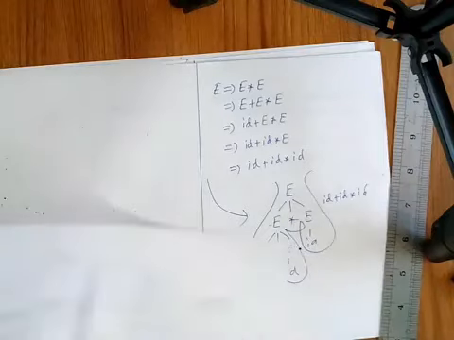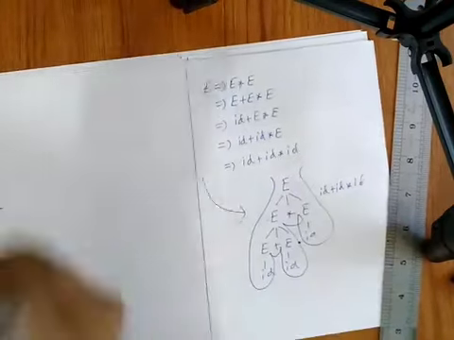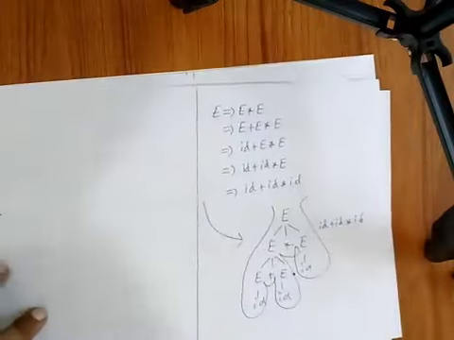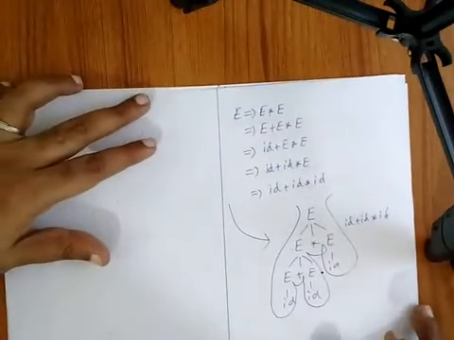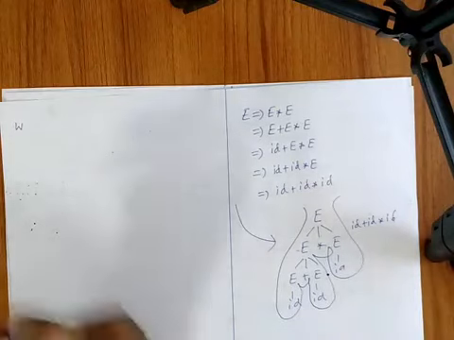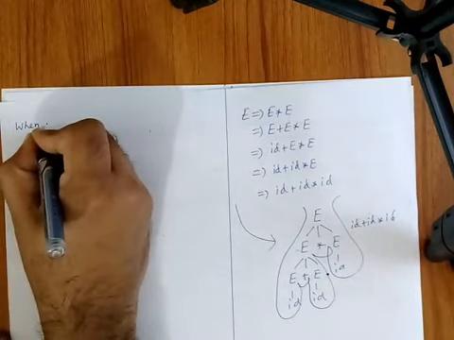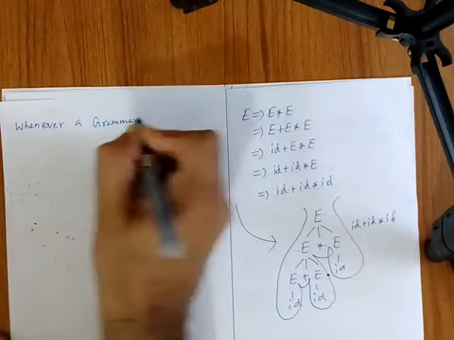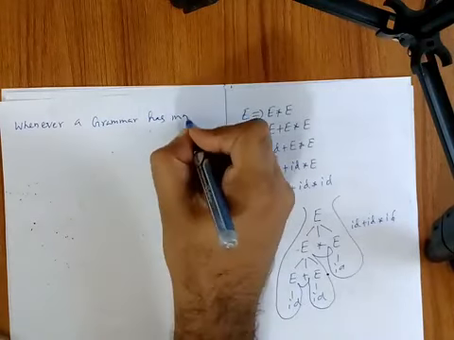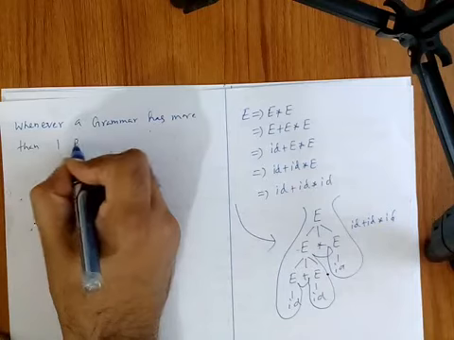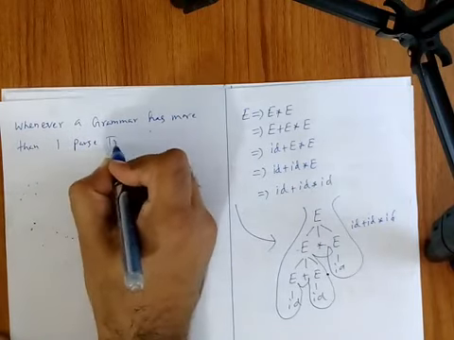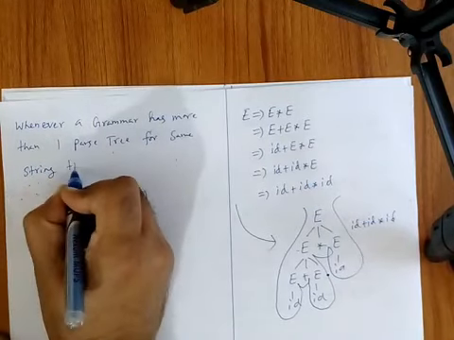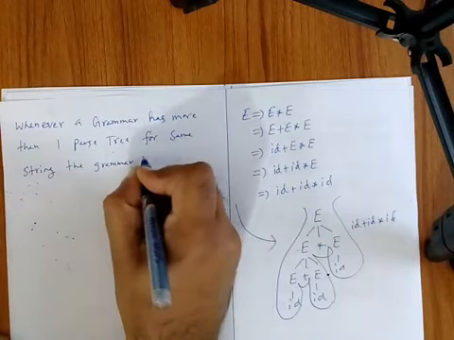So whenever a grammar has more than one parse tree for the same string, the grammar is called ambiguous.